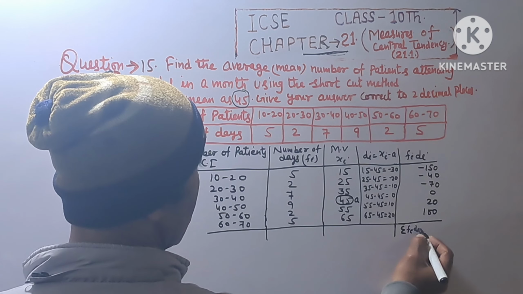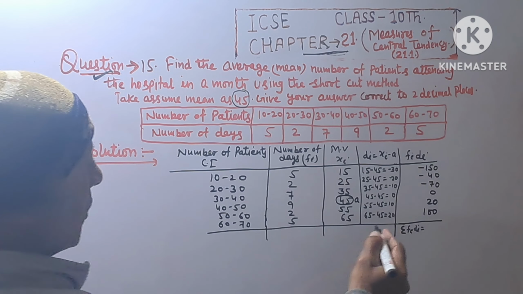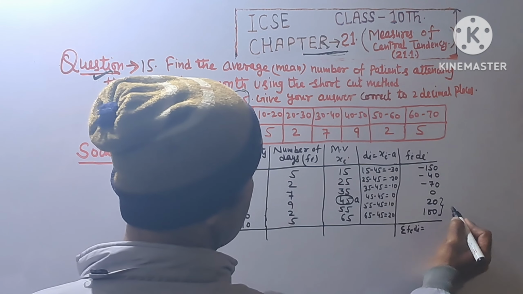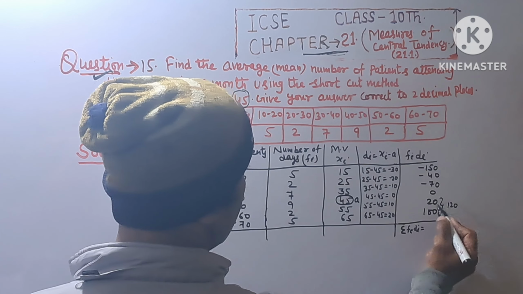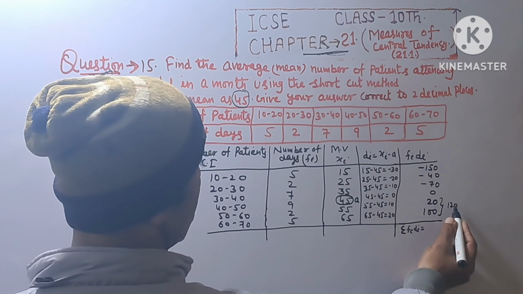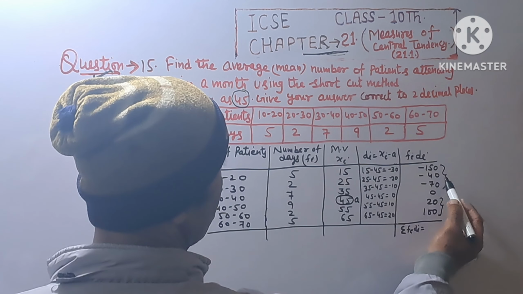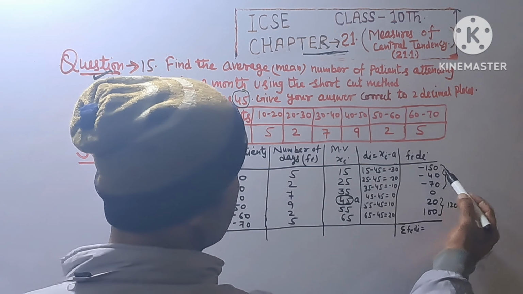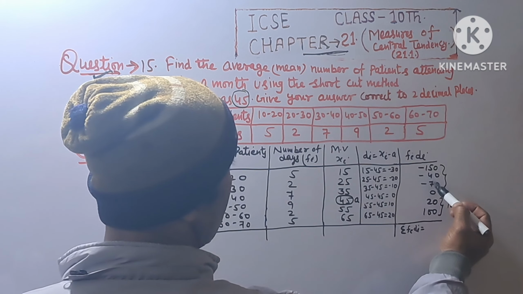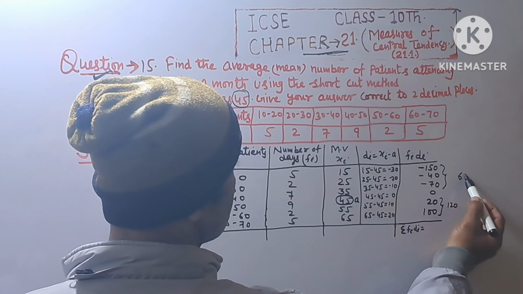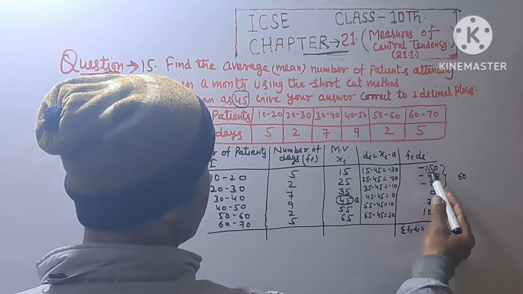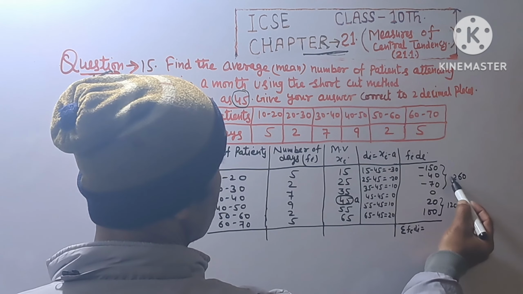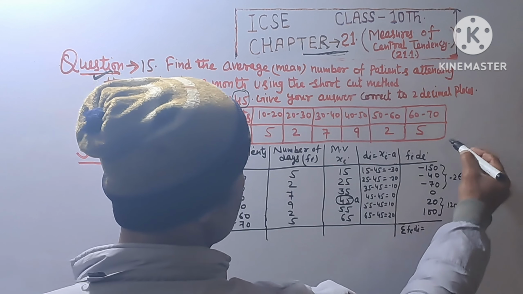Summation fi di: the sum of positives is 100 plus 20, that is 120. The sum of negatives is 150 plus 40 plus 70, that is minus 260.